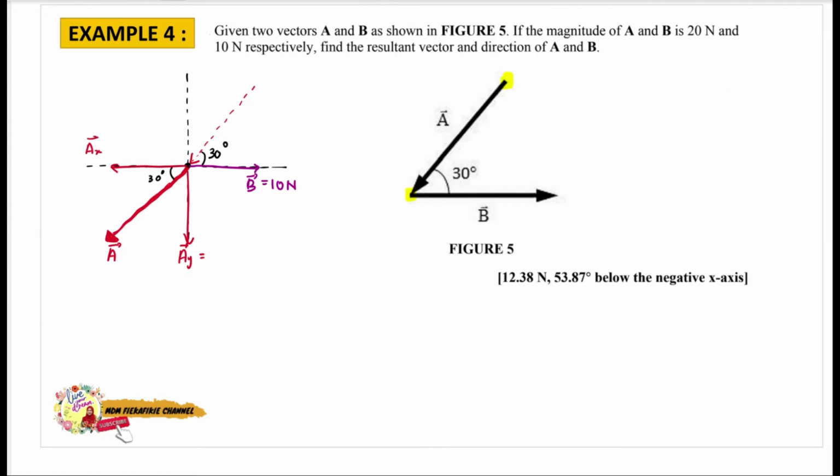Okay, macam mana kita nak tentukan direction AY dan AX? You tengok sini, this is the tail of the vector and this is the head of the vector A. So, bila you nak resolve kepada AY, you letak pen you dekat sini, kat tail of the arrow, and then you tarik ke bawah. Sebab apa ke bawah? Bukan ke atas. Sebab AY dia akan jadi ke bawah.